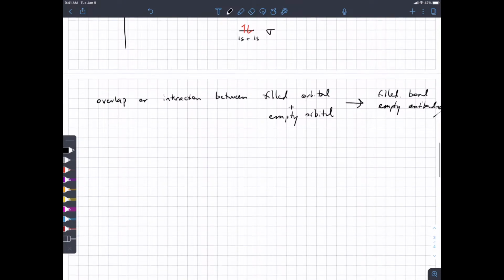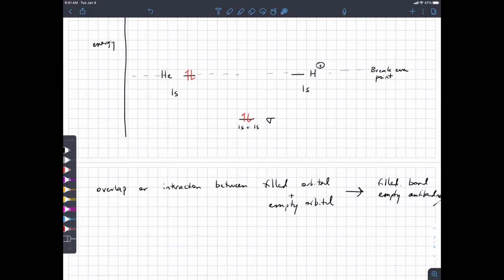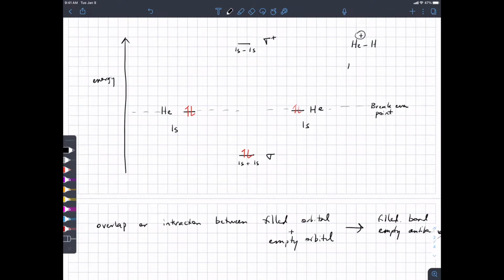That's a favorable situation. In contrast, what would happen if we change this diagram so that over on the right we had helium and we tried to bring two heliums together? Two heliums, helia, I don't know. What have I got to do now?